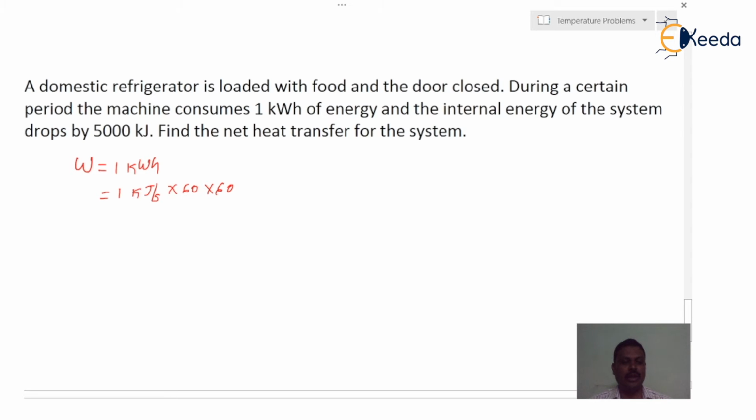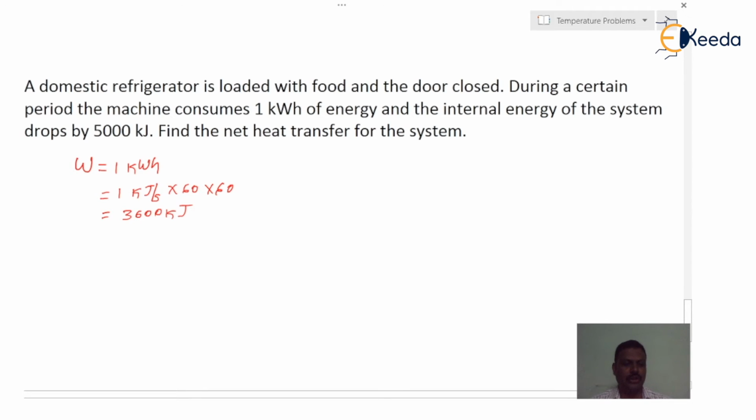So for 1 hour there will be 3600 kilojoules of electrical work transfer to the refrigerator.